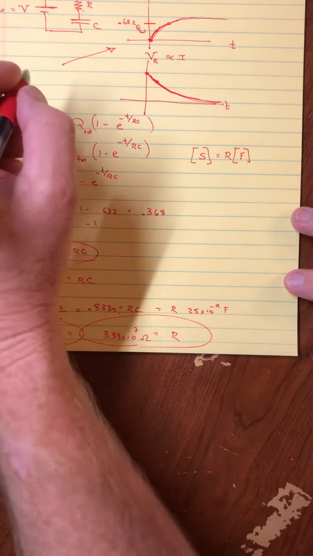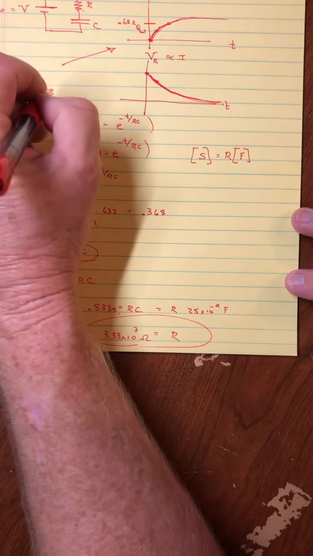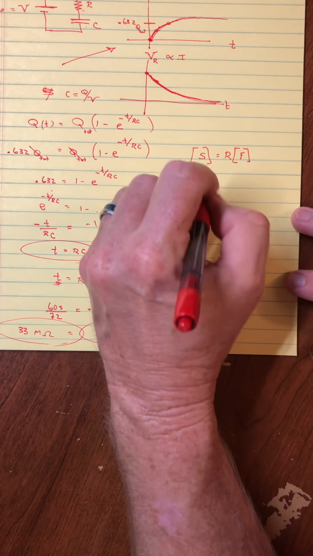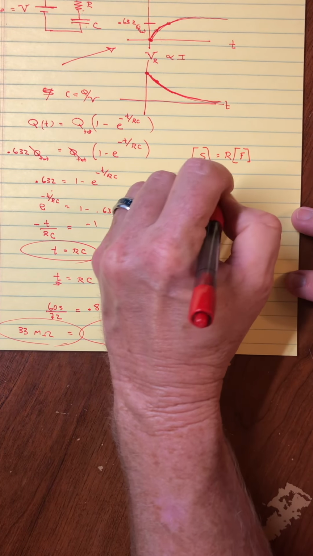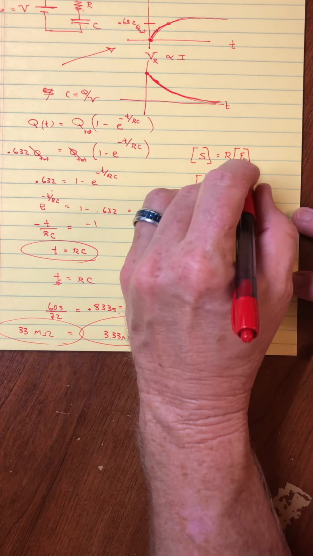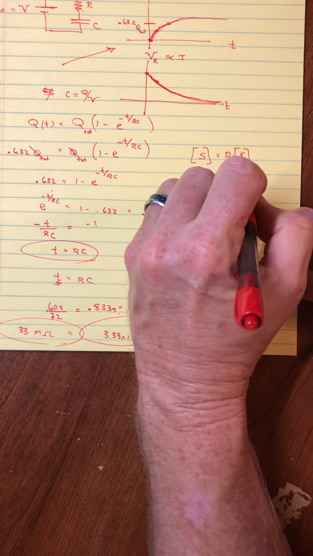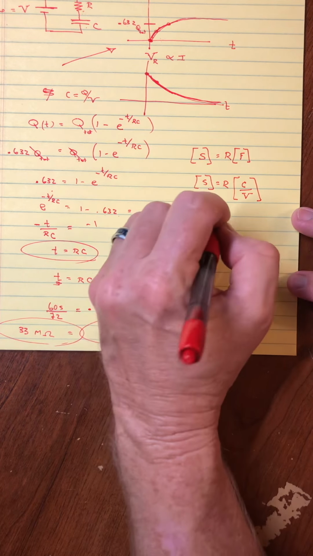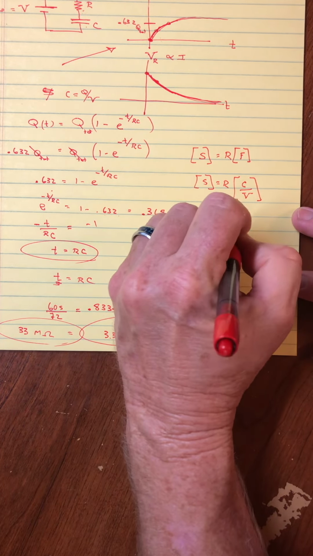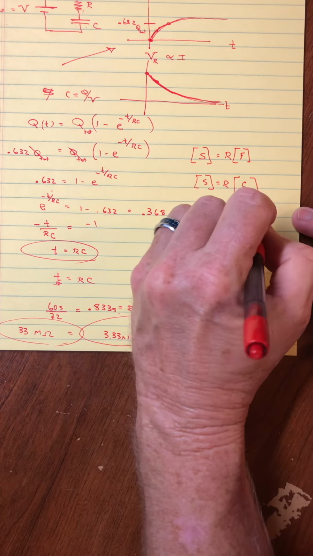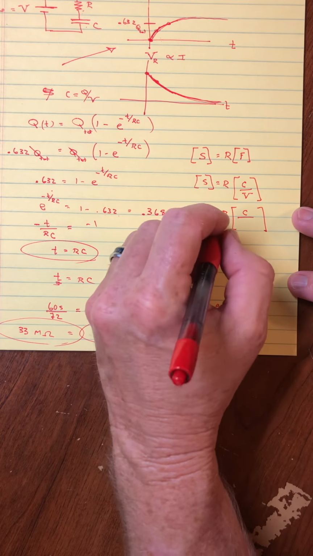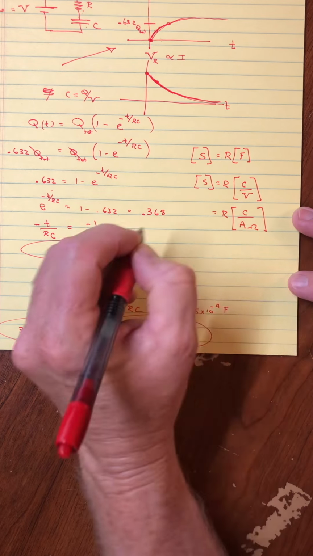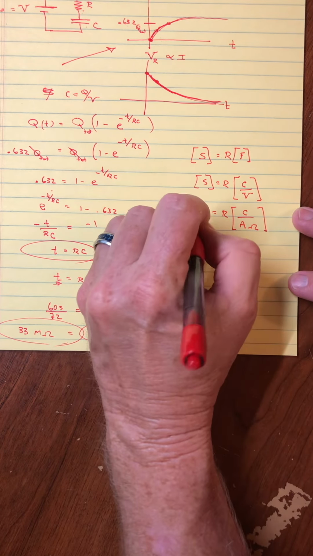Now, remember, capacitance is charge per volt. So if I have units of seconds, and then I replace right here a farad with a coulomb per volt. And then I guess if I also remember that a volt is an amp times an ohm.